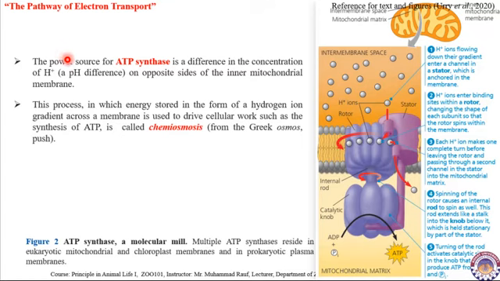So the power source for ATP synthase is a difference in the concentration of hydrogen ions on opposite sides of the inner mitochondrial membrane. Remember, this is the intermembrane space, and because of those oxidation reduction reactions, lots of ions are pumped into the intermembrane space, and here they possess potential energy.